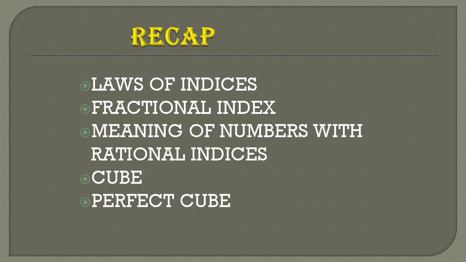If a number is written 3 times and multiplied, then the product is called the cube of the number. The cube of the positive number is positive and the cube of negative number is negative. Then we have learned about perfect cubes. The cube of any integer is called perfect cube. Also, we have solved practice set 3.1 and 3.2.